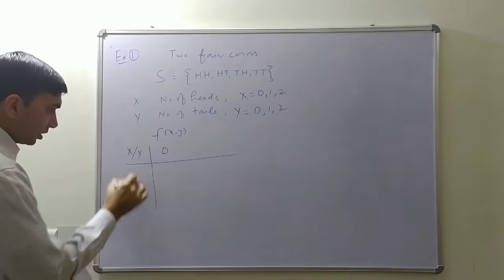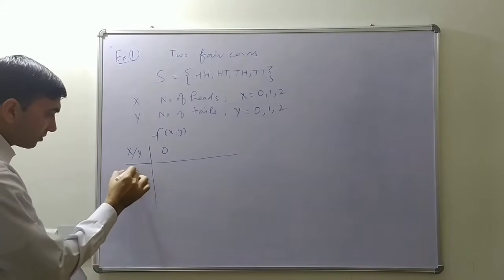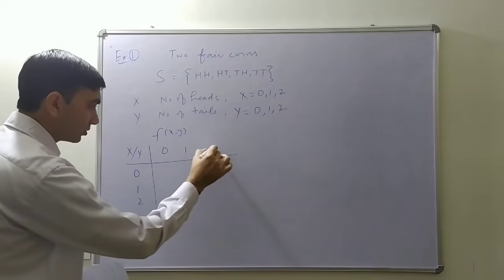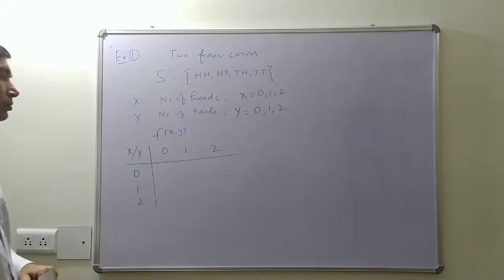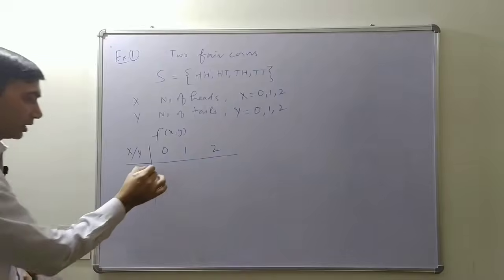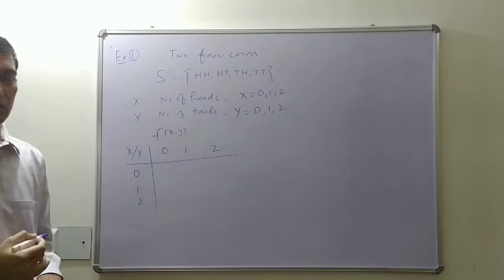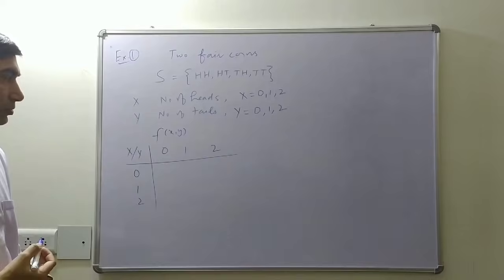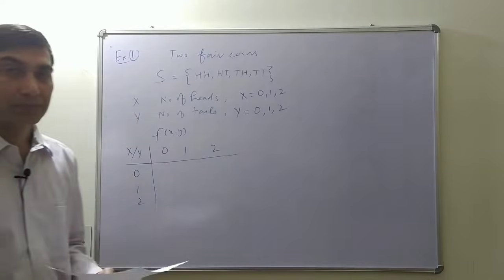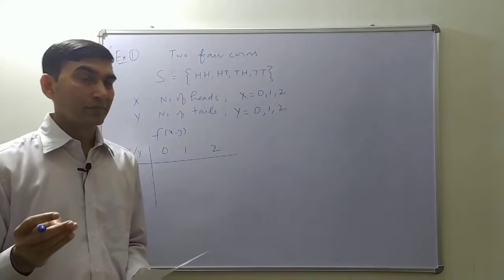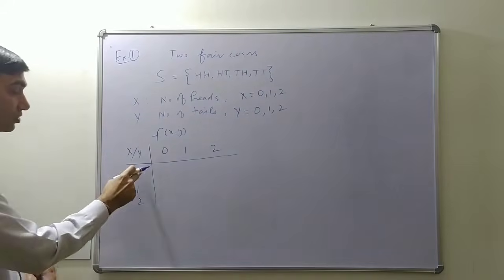So in this column you have x values 0, 1, 2 and in this row you have y values. Here we need to write probability corresponding to x equal to 0 and y equal to 0. What is the probability in the case 0, 0?